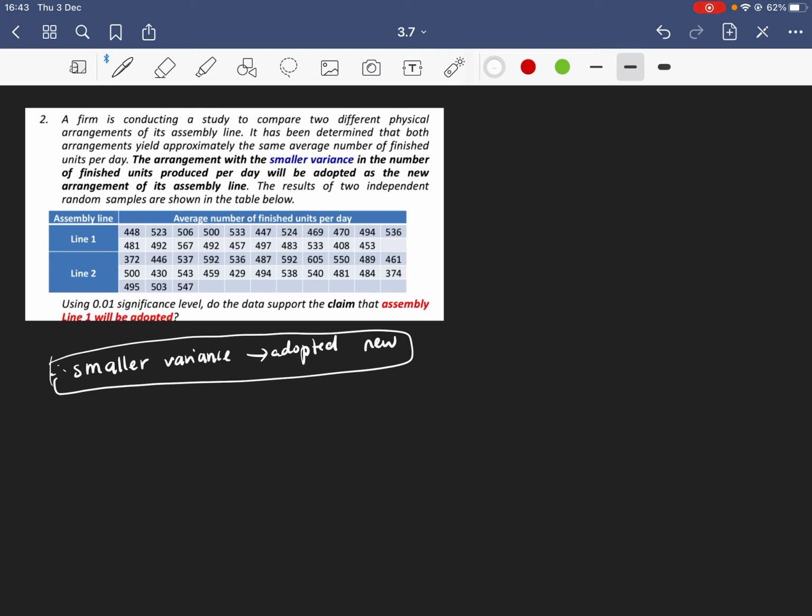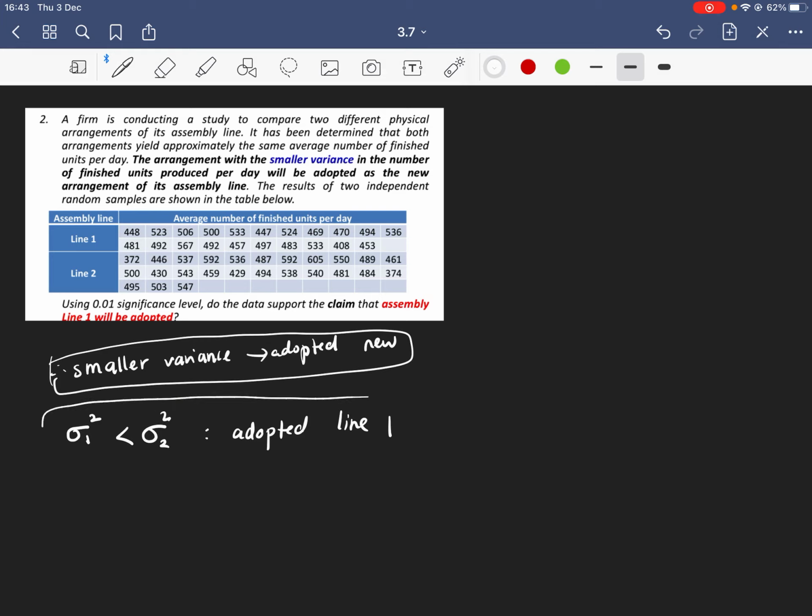So sigma square line 1 is less than sigma square line 2, then it is adopted. If sigma square line 1 is less than sigma square line 2, we will adopt line 1 because the variance of line 1 is smaller than the variance of line 2.